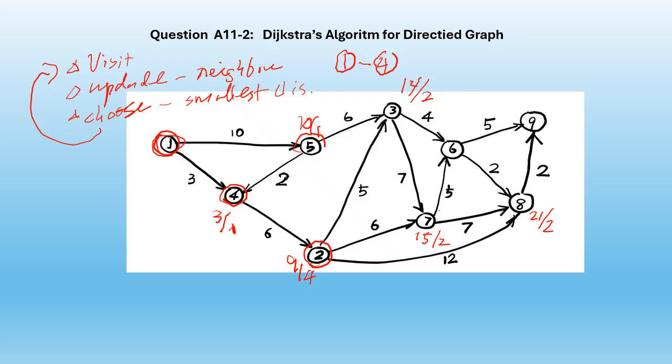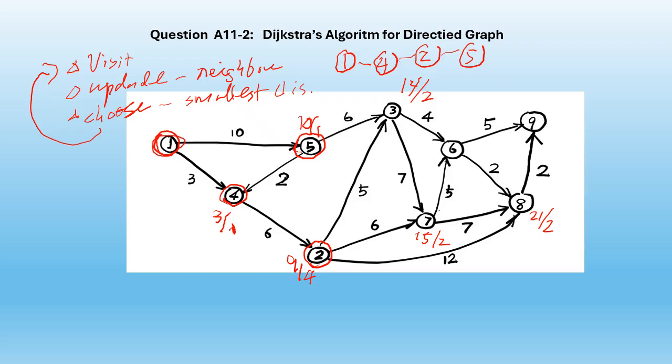So choose number 4. This is the part you have to really apply. So this one is the next one chosen. So 4, and then 2, and then next time you choose 5 to visit. This is the visit sequence. You choose 5. Now it only has 1 neighbor. You can actually have 2 neighbors.